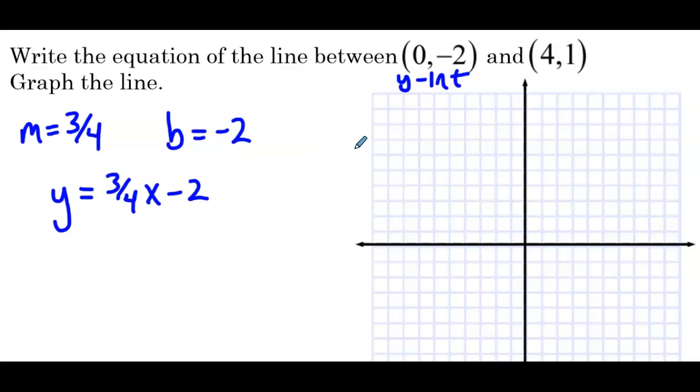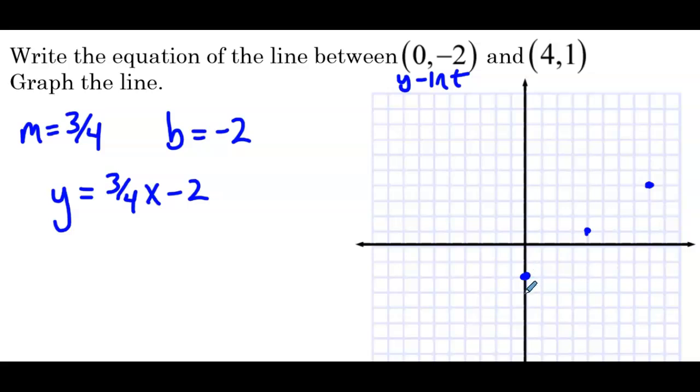So going to graph this line, we're going to graph a y-intercept at (0, -2), slope of 3/4, so up 3 boxes, to the right 4 boxes, up 3 boxes, to the right 4 boxes. Now to get a point in the other direction, we just have to reverse it.